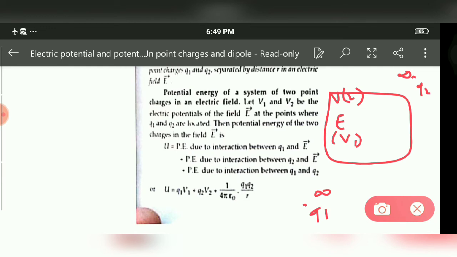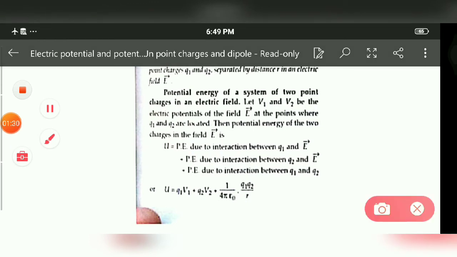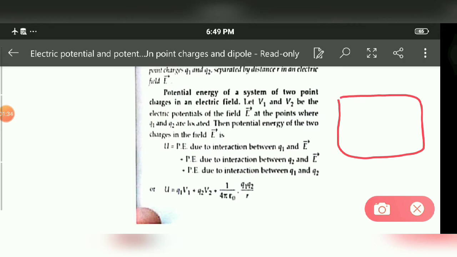First of all, we have to bring charge Q1 from infinity to this point. So the electric field is offering a potential, and we are bringing Q1. If we bring Q1 to point A, the work done is W1 or U1, or we can say it's Q1 V1, where V1 is the potential offered by the field.